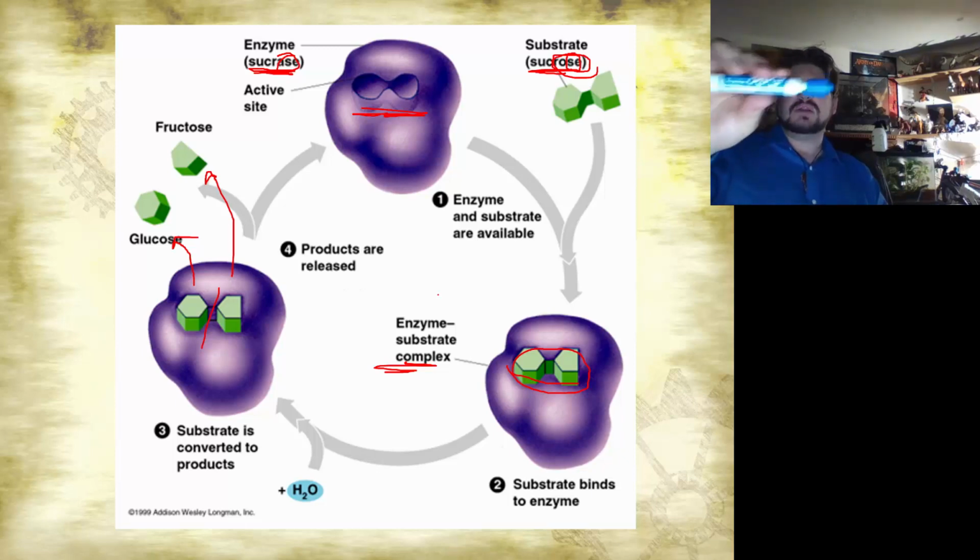So it alters the bond angles, puts it under pressure, kind of like taking two sides of a stick and bending them towards each other to put that big bend in it. So now that it's already unstable, it takes a lot less energy to get the reaction to occur.